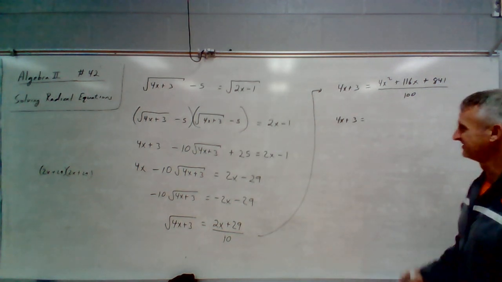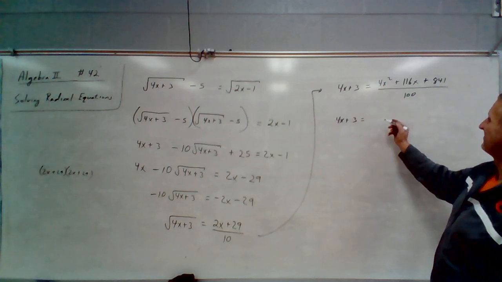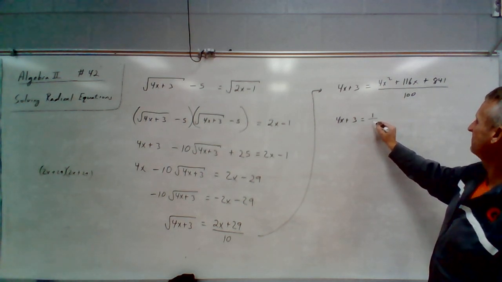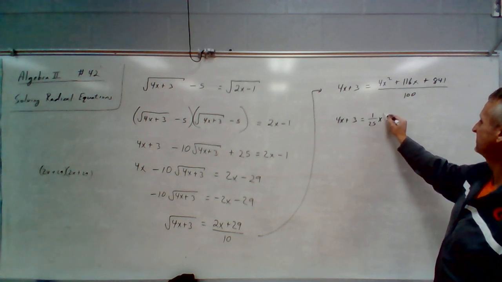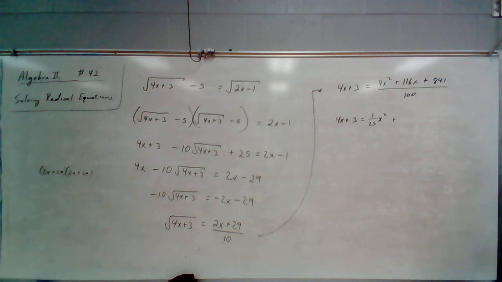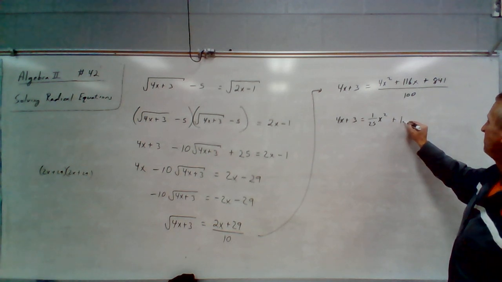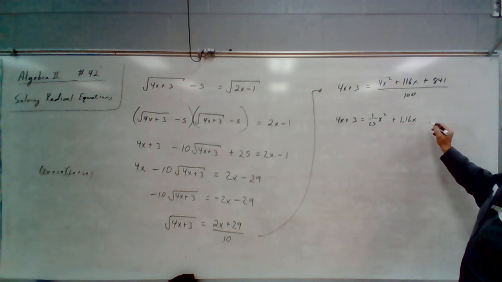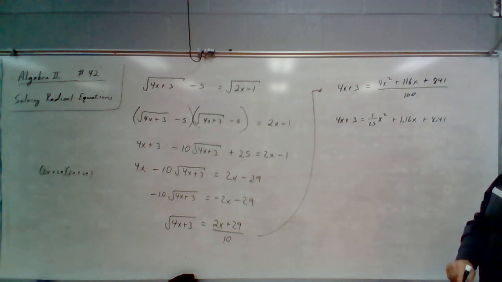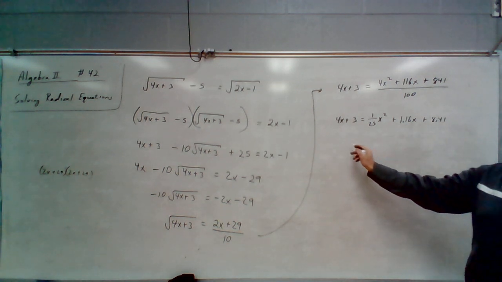I have 4 over 100, so that'll be 1 over 25x squared plus 116 divided by 100 will be 1.16x plus 8.41. All right, now I get it set equal to 0.